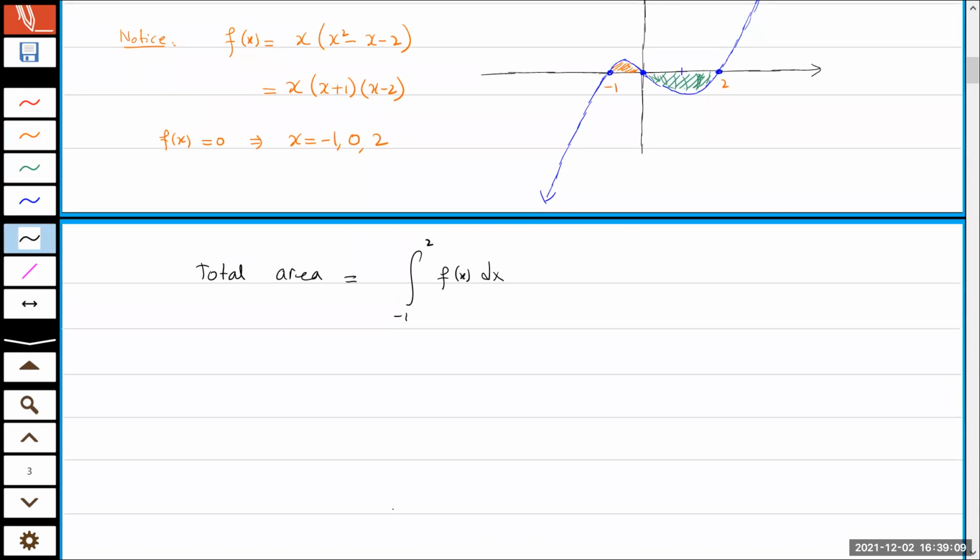For the orange area, we write -1 to 0, our function f of x dx. We know this is going to be positive, no need of an absolute value, but plus 0 to 2, this must come with an absolute value, our function f of x dx, because we know this is going to turn negative. Now let's proceed.